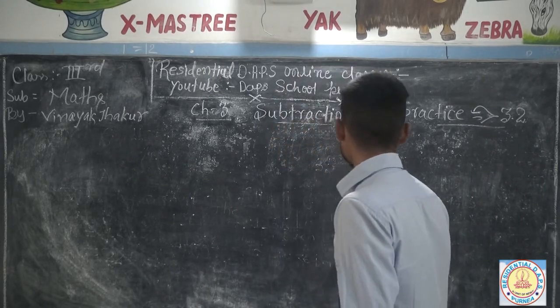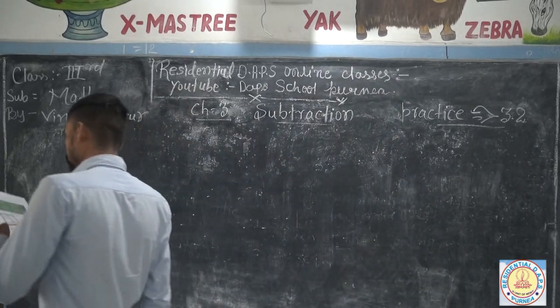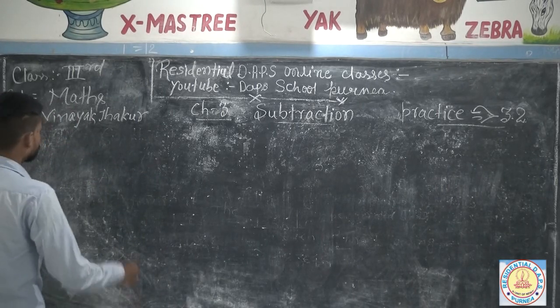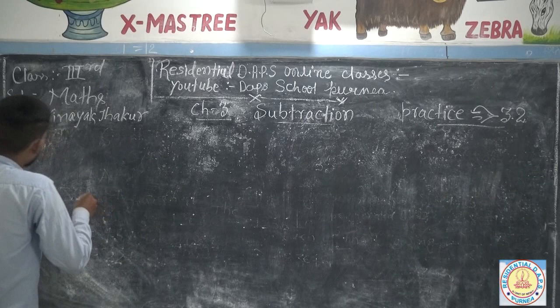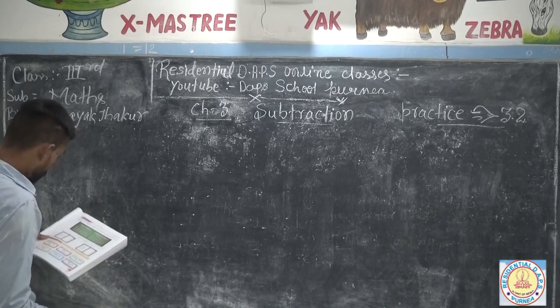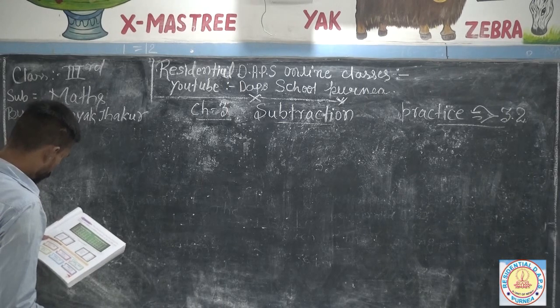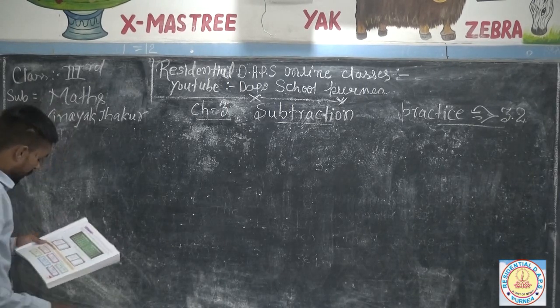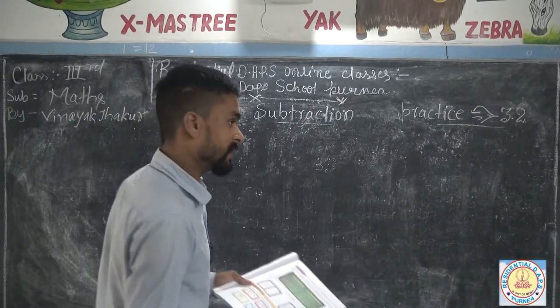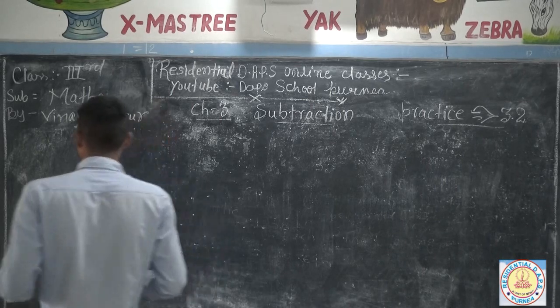Let's come on to solving your Learning Mathematics practice set 3.2, and in your first question, fill in the blanks using the property of subtraction. But before that, I will tell you 3 important things.